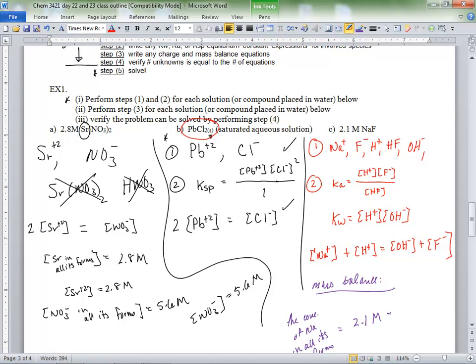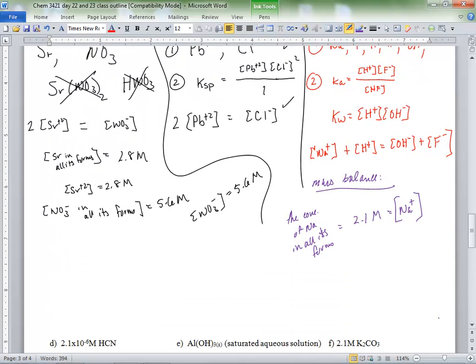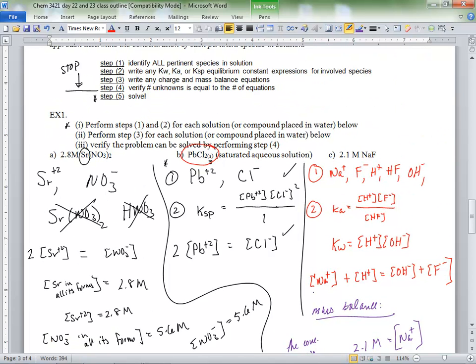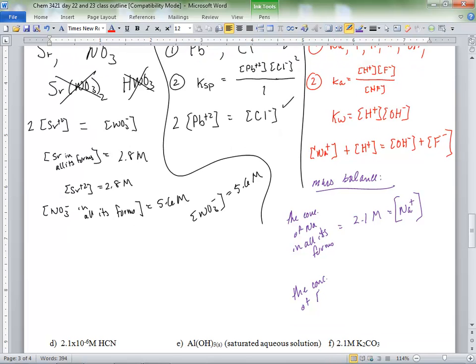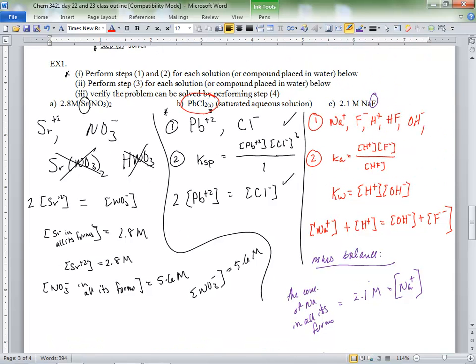And there's no other form for sodium than this, right? So we're done with sodium. The concentration of, what's the other ion here? F. In all its forms has to equal, everybody, 2.1.